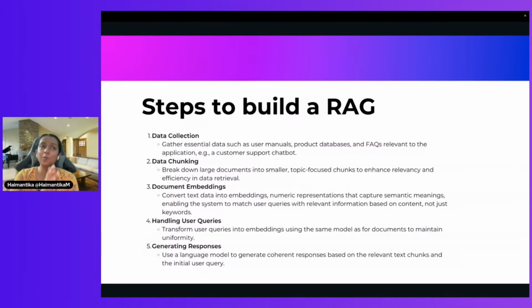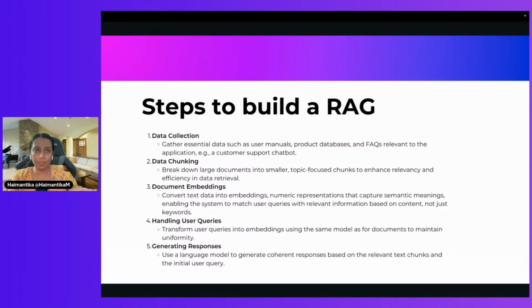If you were to build a chatbot, then it needs a knowledge base. There needs to be some data, which can be manuals, a product database, or even FAQs that are relevant to the application that you're building. Like the example I mentioned, maybe a customer support chatbot. For example, I mentioned that I was working at Microsoft, and let's say I had to build a chatbot for Microsoft Exchange.